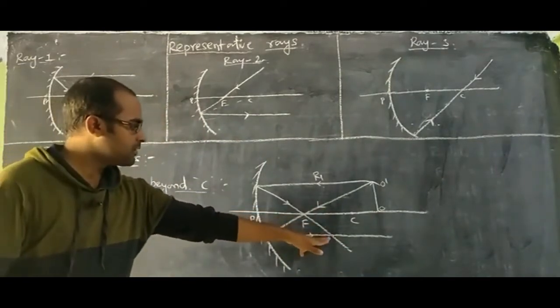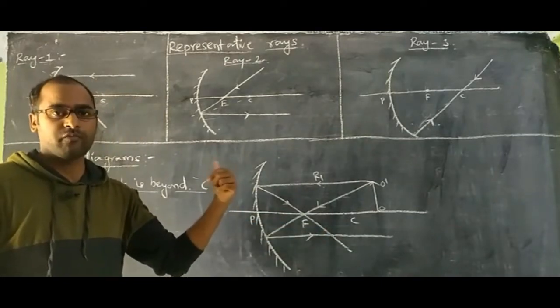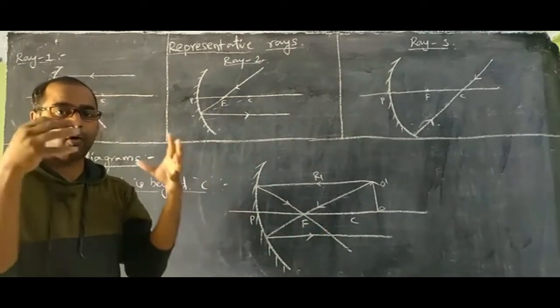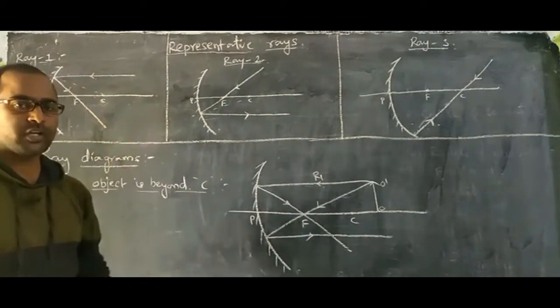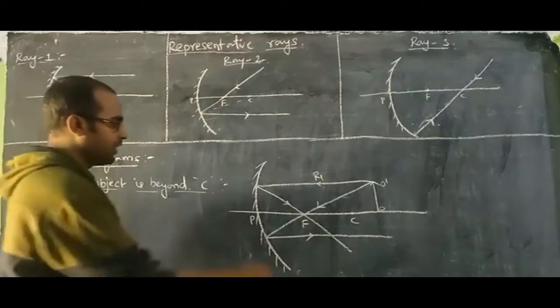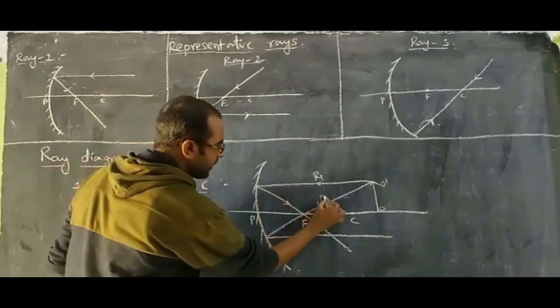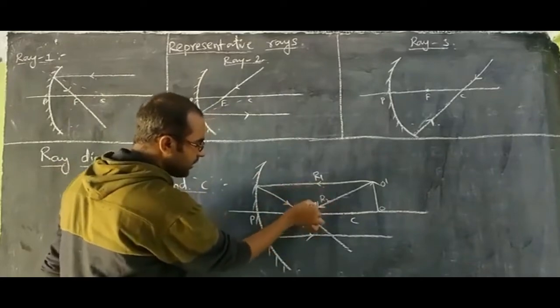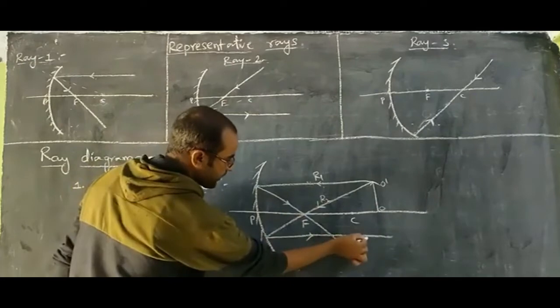Now here, just as at the time of finding the focal point, where all the reflected rays meet together, that point will be the image point, and there the bright image will be formed. Here, the two rays, ray 1 and ray 2, are incident rays, and these are the reflected rays.